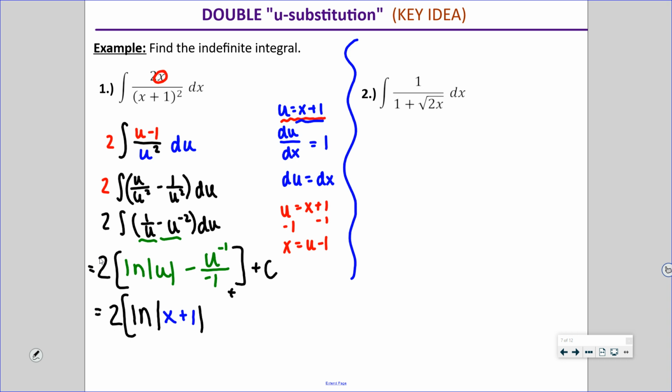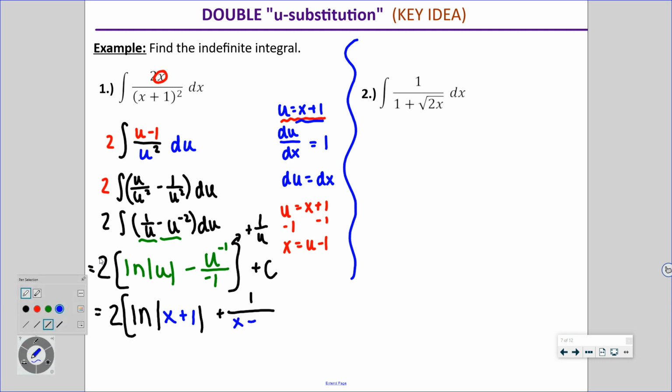That's the same as plus 1 over u. I'm just trying to think where to show my work there. Plus 1 over u, so plus 1 over what I let u be, which is x plus 1. So we have all that plus c.